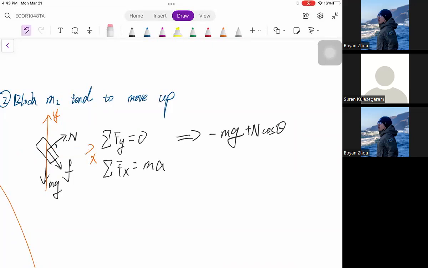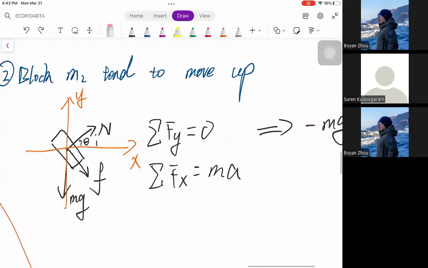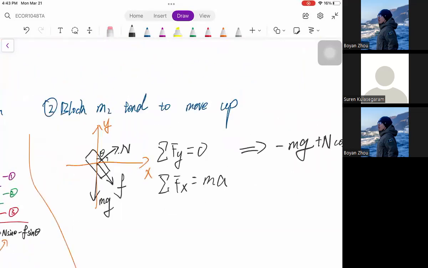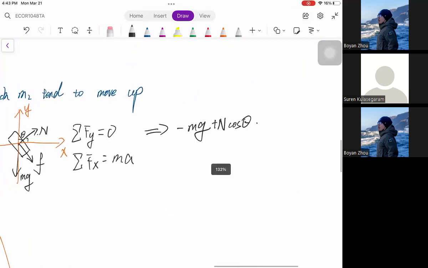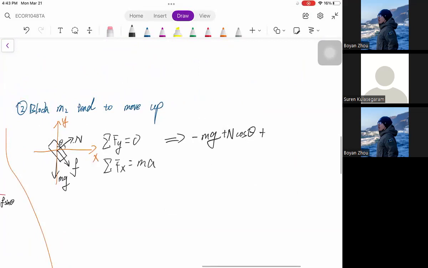Okay, I always mess up the angle. Yeah, this one is theta. N times cosine theta plus f sine theta is equal to 0.